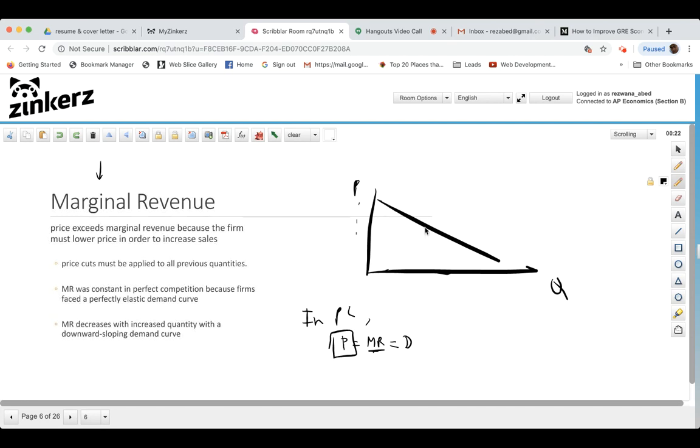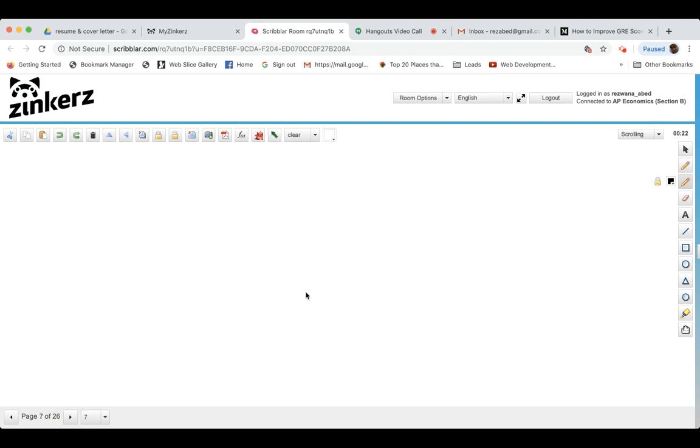Here, as you see, the price is no longer constant. If you want to sell more, going from 1 to 2, you're gonna have to lower your price. So hopefully you see that has some important consequences for your marginal revenue. And now let's take a look at what that is with this table.